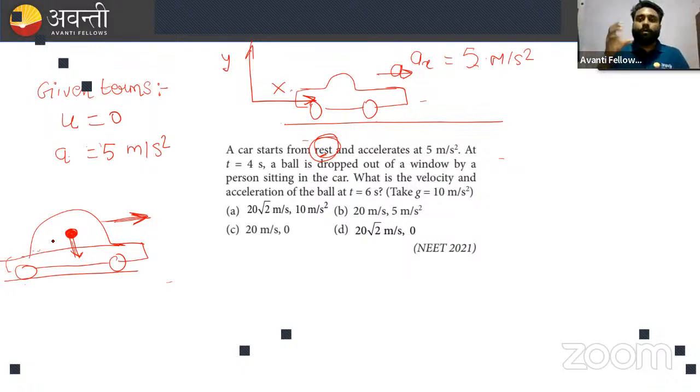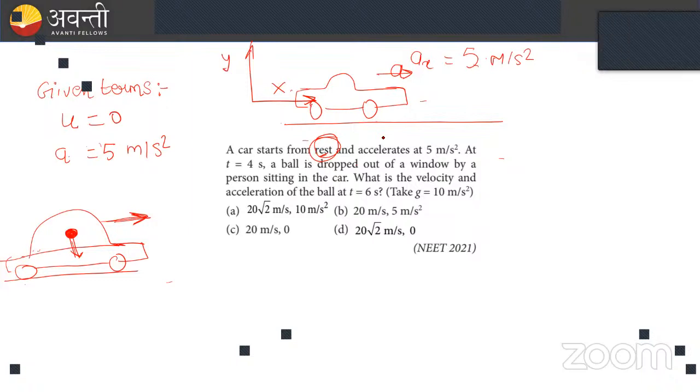So the ball will also have certain velocity in x direction, but it is not having the acceleration in that direction. This value of 5 meter per second square will not act on the ball because it has now left the system. There is no external force to influence that ball. Okay. Do you have any doubt till then? Till now are you having any doubt, Dilip?